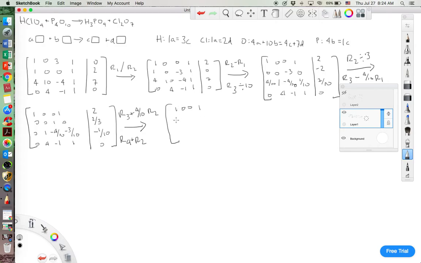Top row stays the same, second row stays the same, and we're slowly but surely getting rid of all non-zero constants so we can come up with the identity matrix.